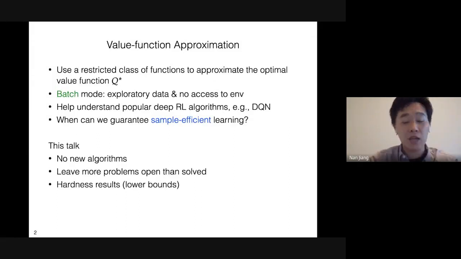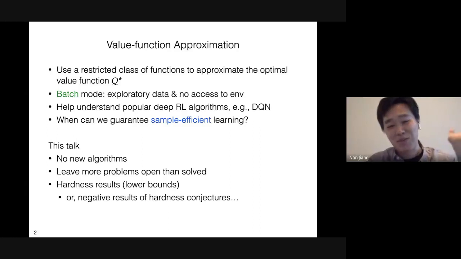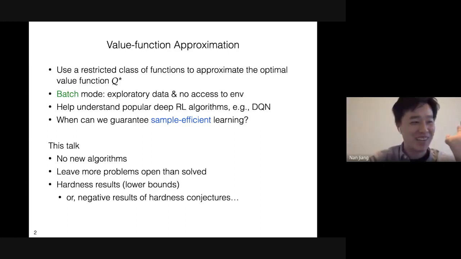And I'll be talking a lot about hardness results or negative results or lower bounds in this talk to help us understand what conditions we really need and what conditions we may not need. And sometimes when I fail to obtain a hardness result, I will give you something more terrible, like doubly negative results, on why it is hard to prove certain hardness conjectures.